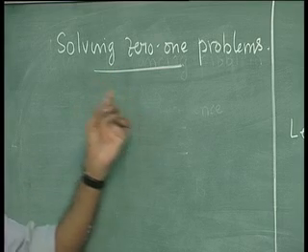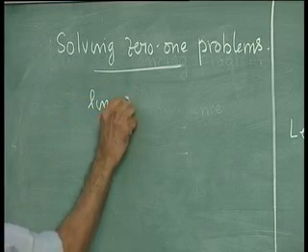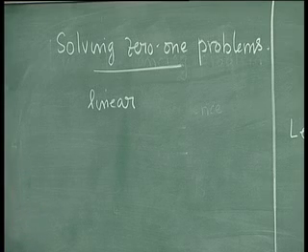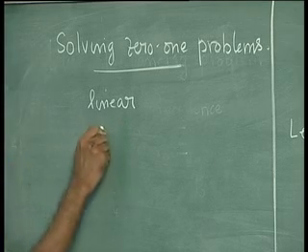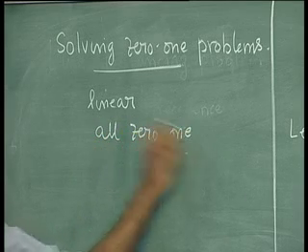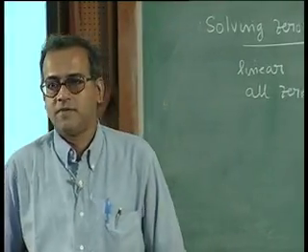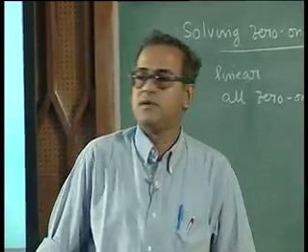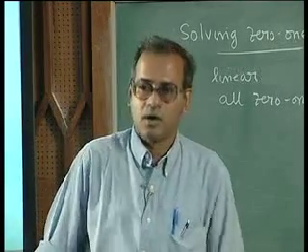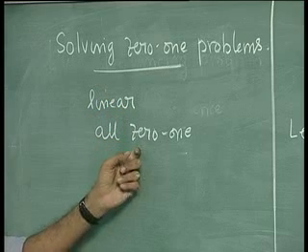When we say we are looking at 0 1 problems, we are looking at a linear objective function comprising of 0 1 variables, what is called an all 0 1 problem. Unless otherwise stated, if you say that a particular problem is a 0 1 problem, it implies that it has a linear objective function and all variables restricted to either 0 or 1. There can be nonlinear problems with all 0 1.